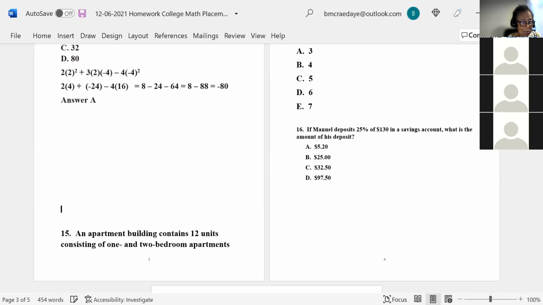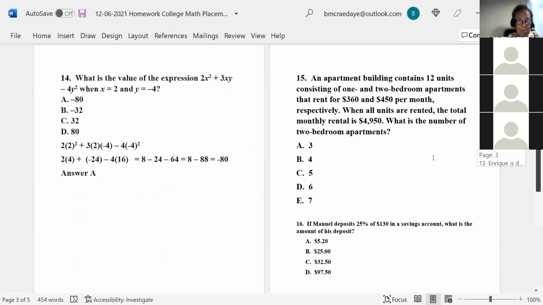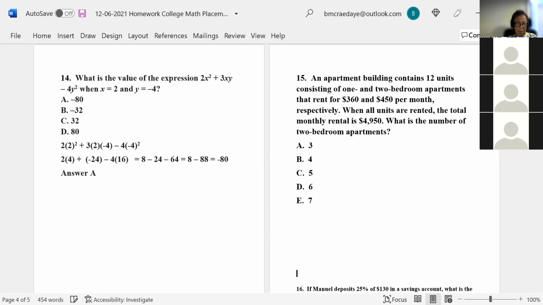So let's go to number 15. Maureen, read number 15. An apartment building contains 5 units consisting of 1 and 2 bedroom apartments that rent for 360 and 450 per month, respectively.